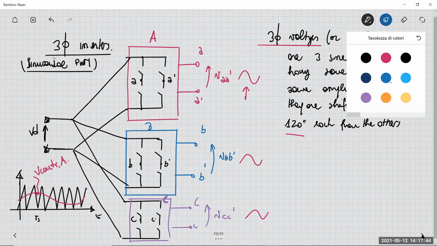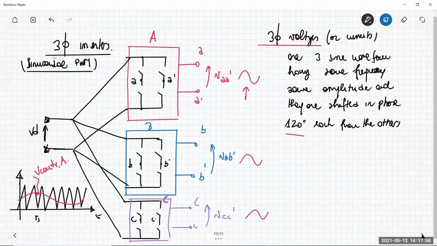Then I have another control voltage, which has the same frequency, the same amplitude, so the same MA, but this control voltage should be shifted by 120 degrees from the V control A. So this is something like this. This is V control B, and this is used as control voltage for generating VB prime.